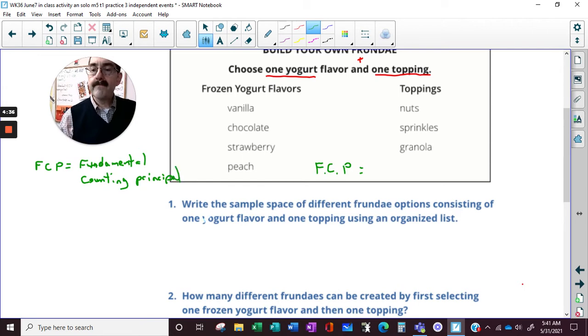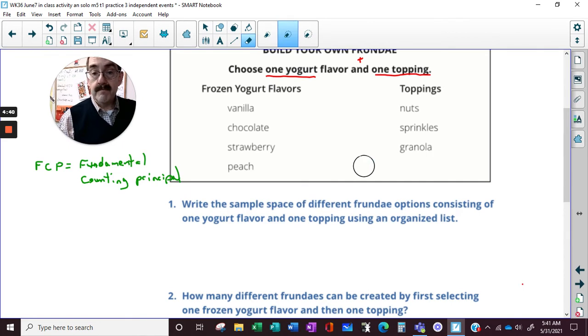Now, lots of different ways to do the problem.